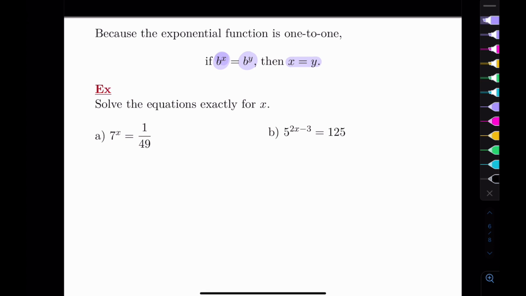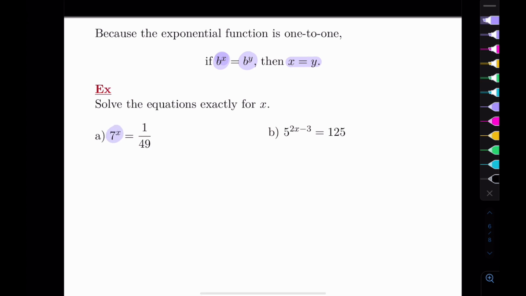So when I'm trying to solve a log or exponential equation, I want to try to write them with the same base and then set those exponents equal. If I can't do that, I'm going to have to do something else, which we'll see in the future. But your whole goal is to write everything with the same base and set the exponents equal.